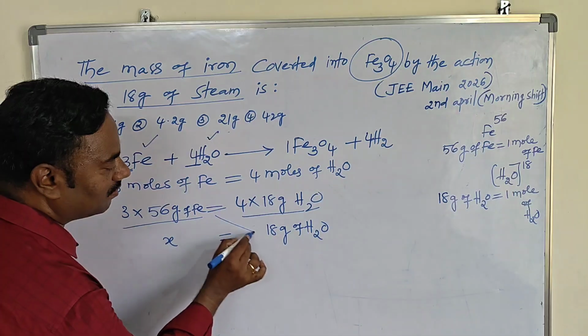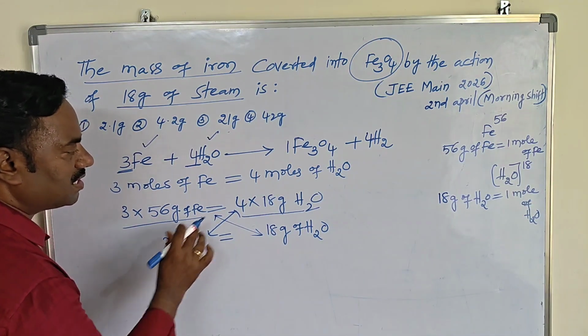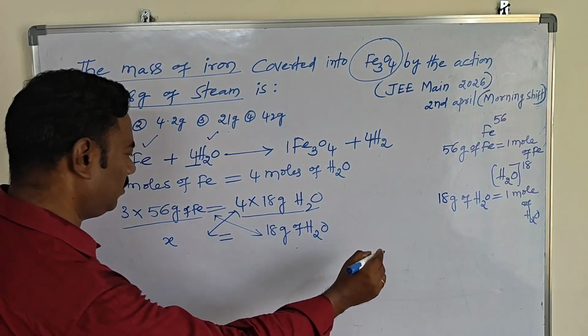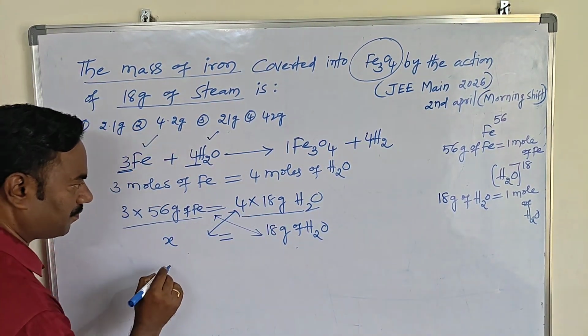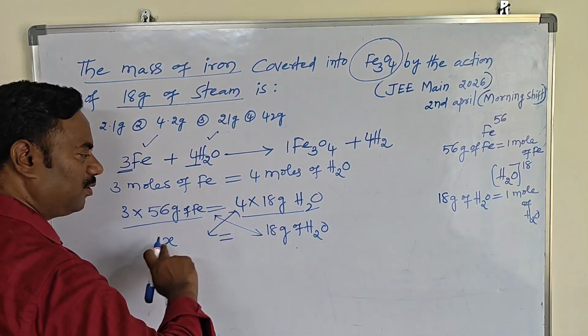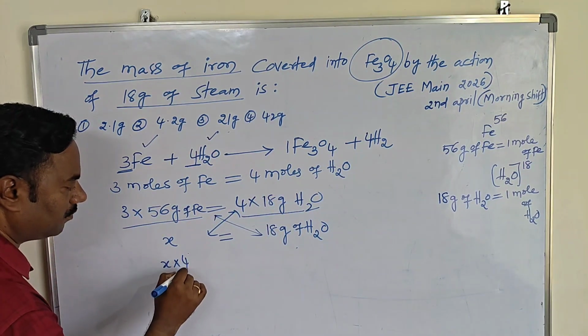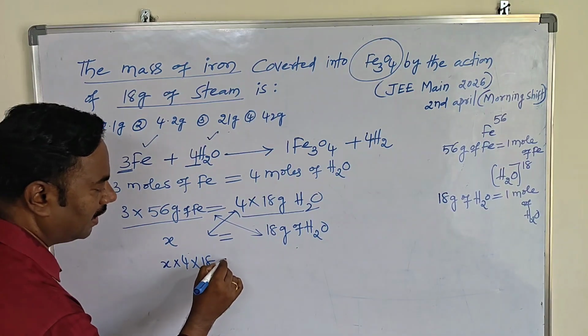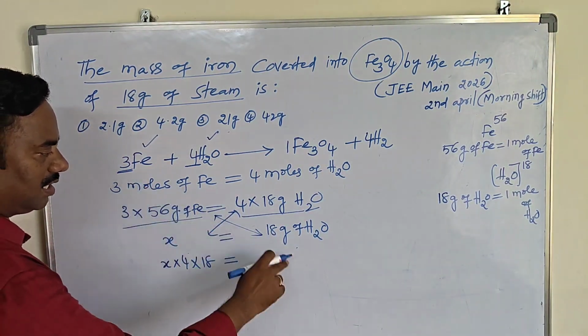Cross multiply. Let it be X. Now cross multiply: X into 4 into 18 is equal to 3 into 56 into 18.